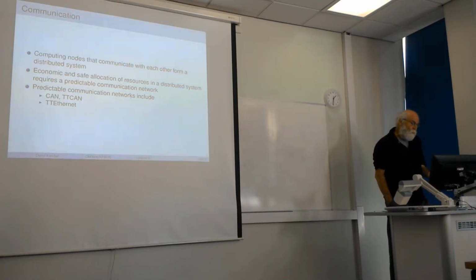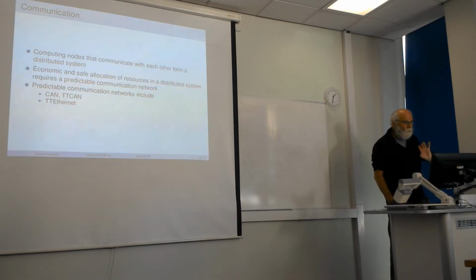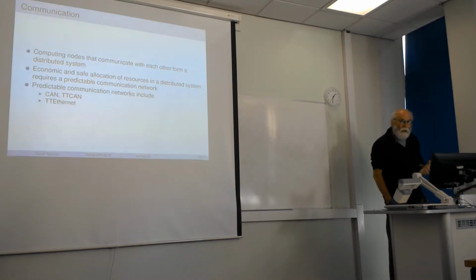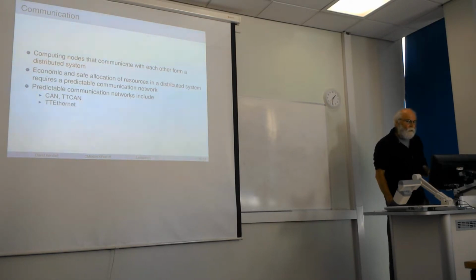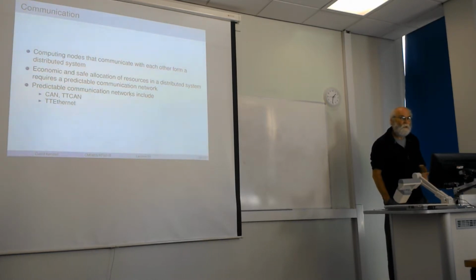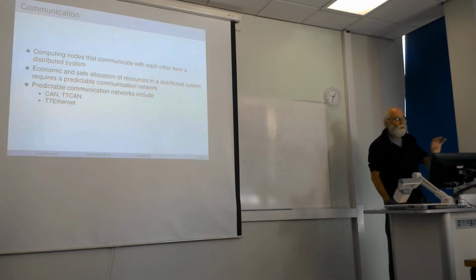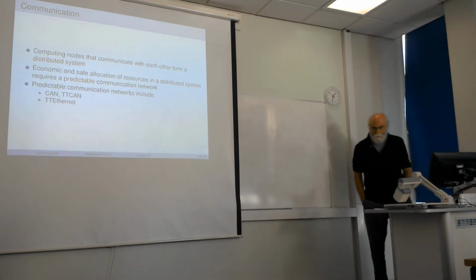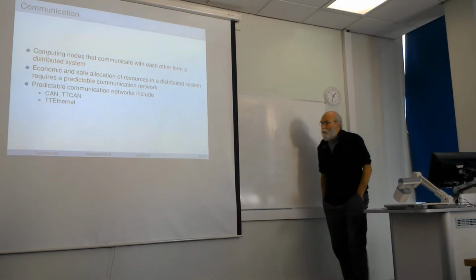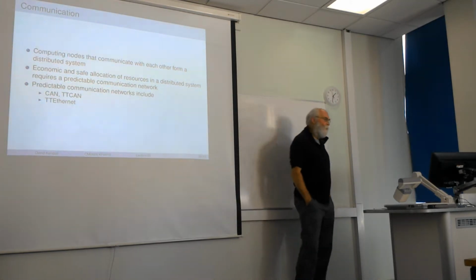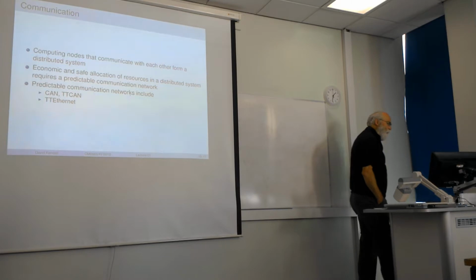If we've got a distributed system, then our computing nodes are going to communicate with each other in some way. And again, the economic and safe allocation of resources is going to require a predictable communication network. So this is back to this idea of engineering being able to forecast the behavior of your system before you deploy it. So typically, we don't worry too much about predictable communications.